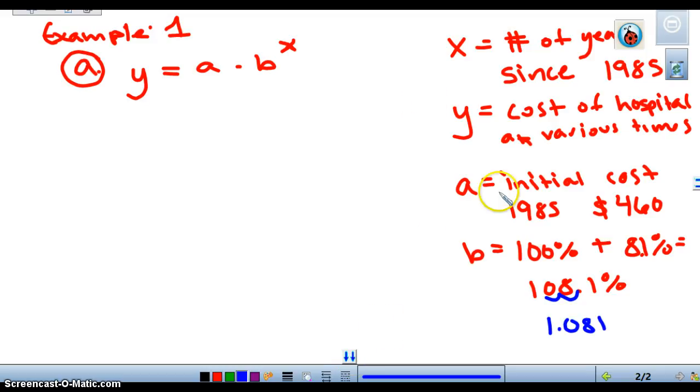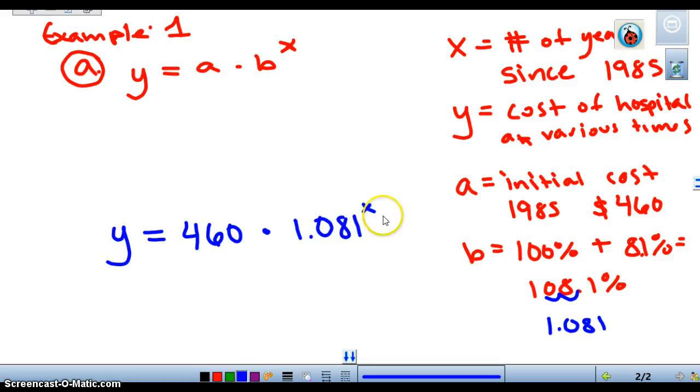Can we use this in our equation? How would we set this up? y equals, what was the initial amount? Times 1.081 to the x power. Yes, Pete. The reason we add 100 is that every year it's increasing.